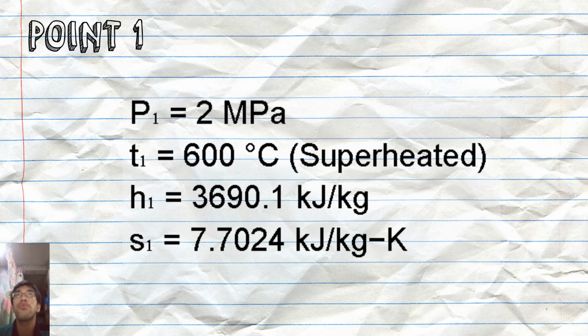At point 1, P1 equals 2 megapascal, T1 equals 600 degrees Celsius. Tignan natin siya, isa siyang superheated. So, hanapin natin siya sa table 3, which may kita natin yung ating enthalpy 1 equals 3,690.1 kilojoules per kilogram.